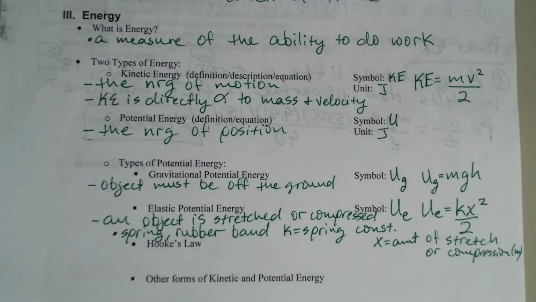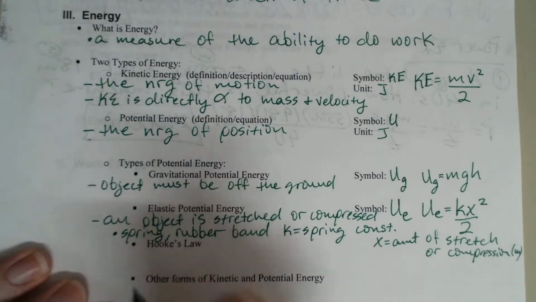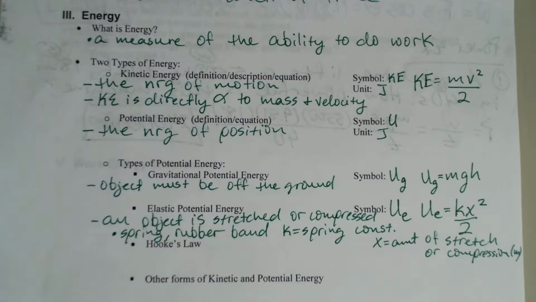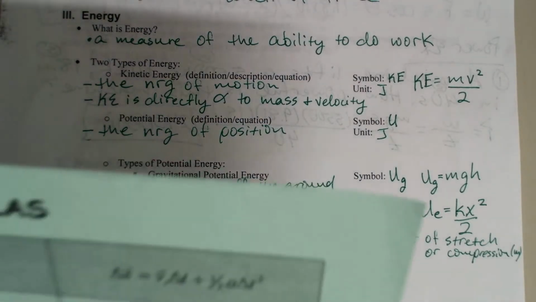Okay. Hooke's law is what you would use to find the spring constant in cases where you don't actually know the energy. So Hooke's law is a formula. All of this is on your formula sheet.